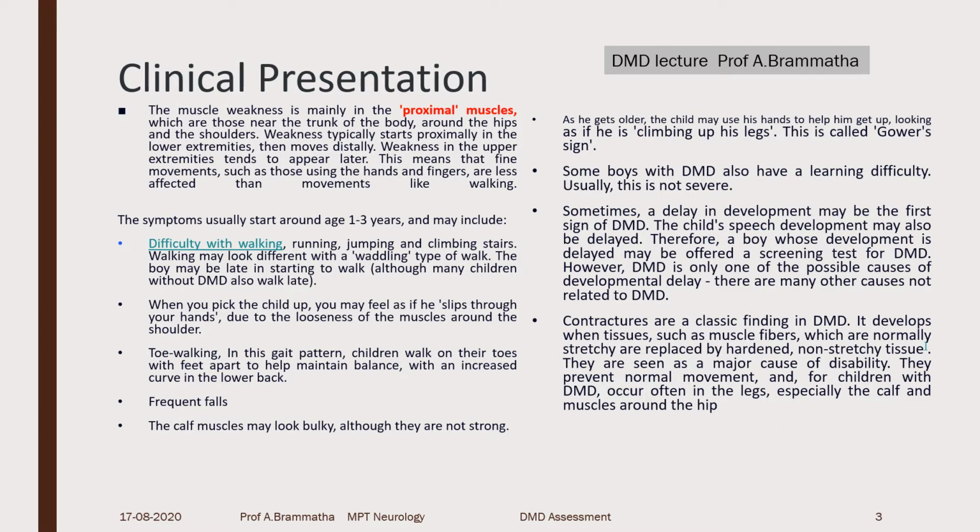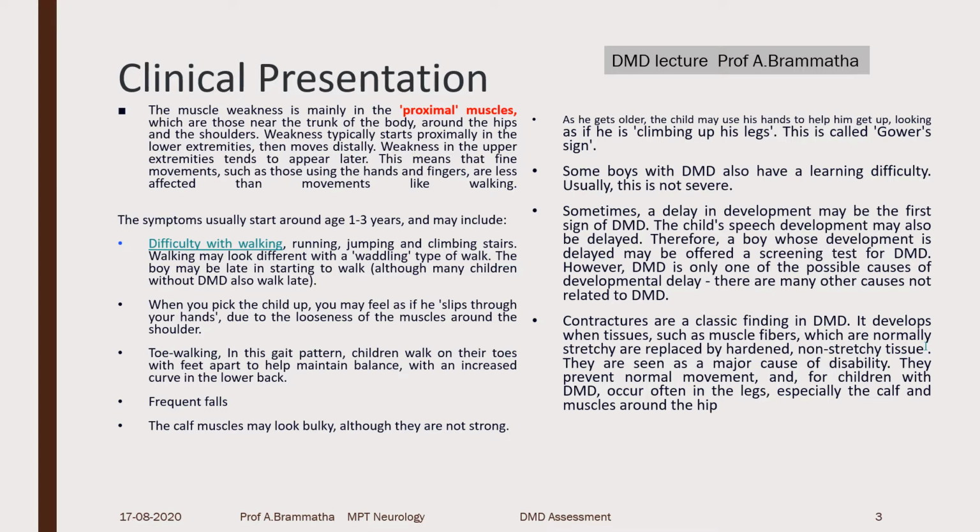So looking into the clinical presentation, this disease is primarily affecting the skeletal muscles, and that too the proximal muscles, which are close to the trunk of the body, around the hips and the shoulders. And there is a symmetrical pattern, and you can see the pattern moving from proximal to the distal aspect.